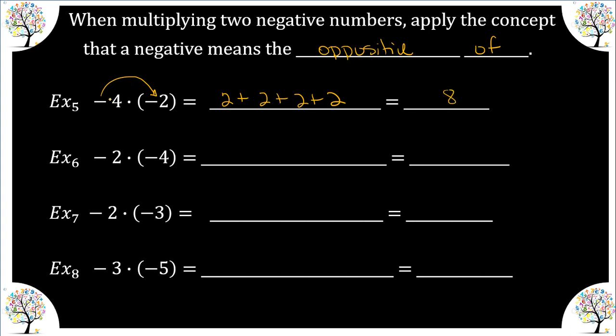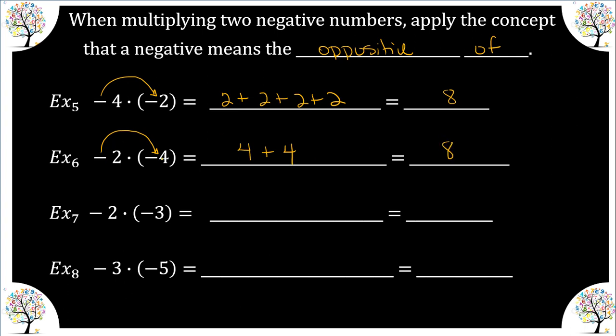So negative 4 times negative 2, this negative cancels out this negative, turning it to its opposite, and we get a positive product. The same as if we have negative 2 times negative 4, this negative converts this negative to its opposite of positive. So we have 2 groups of positive 4, which is 8.